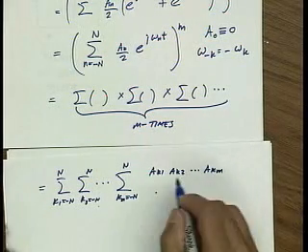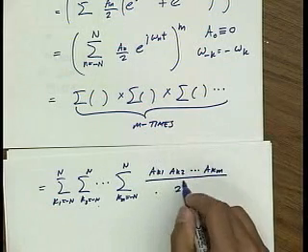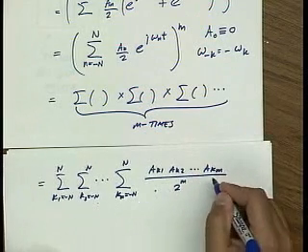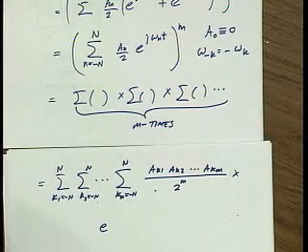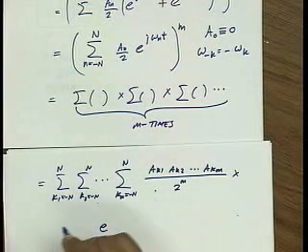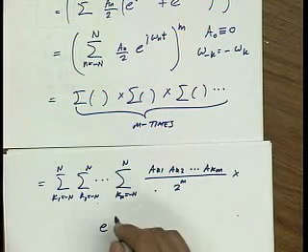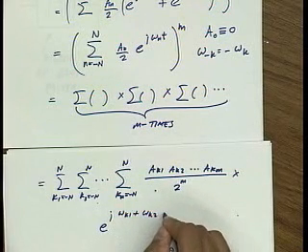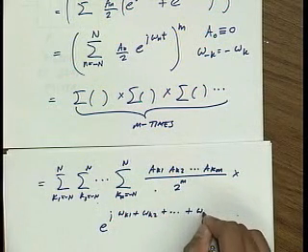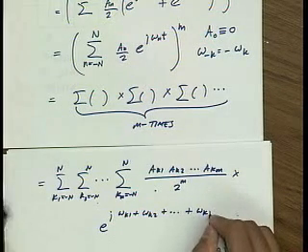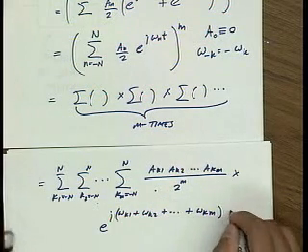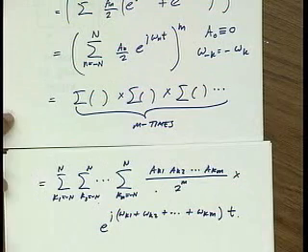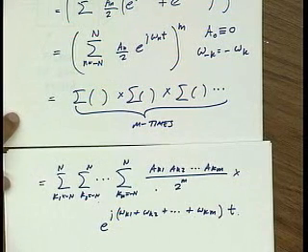I have m of these. And then I have 2 to the mth power times the sum. When I multiply exponentials, of course, I can just take the sum of the frequencies, omega_k1 plus omega_k2, all the way to omega_km, times t. Is that clear to everybody?